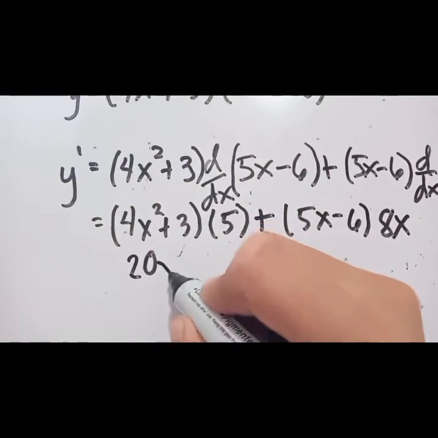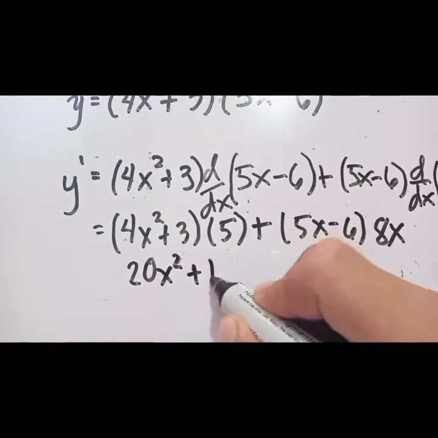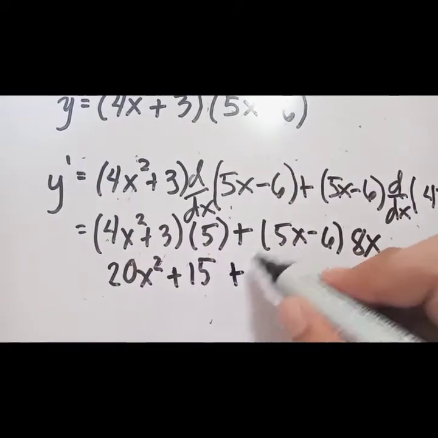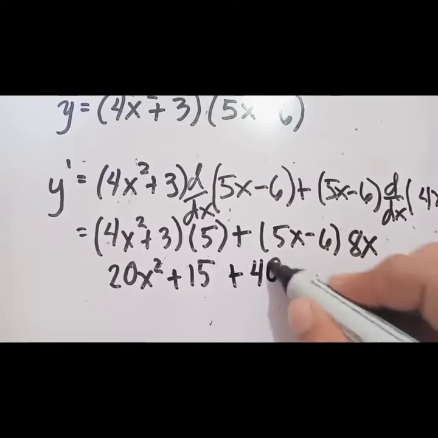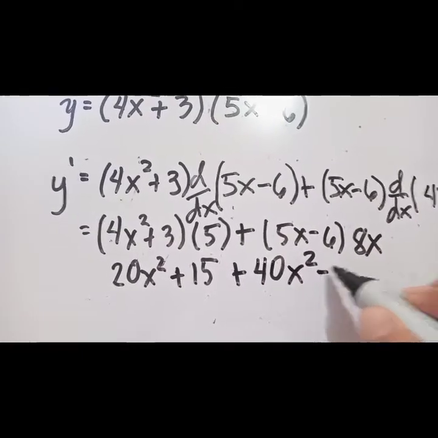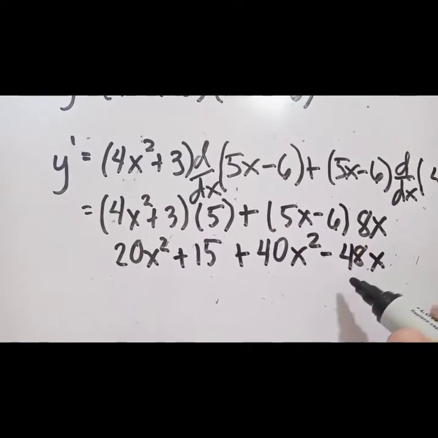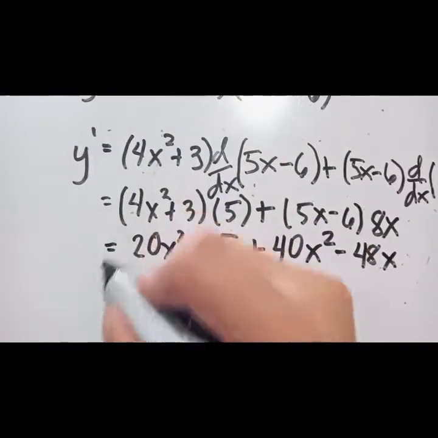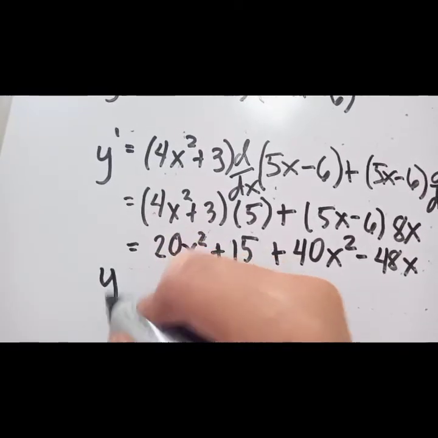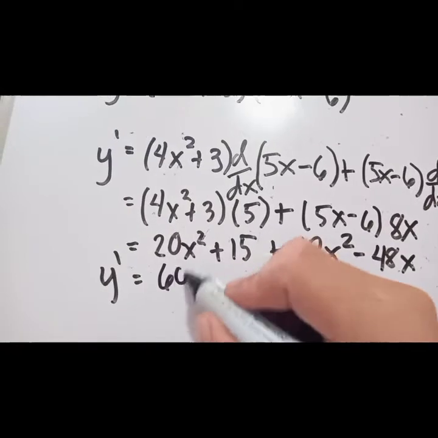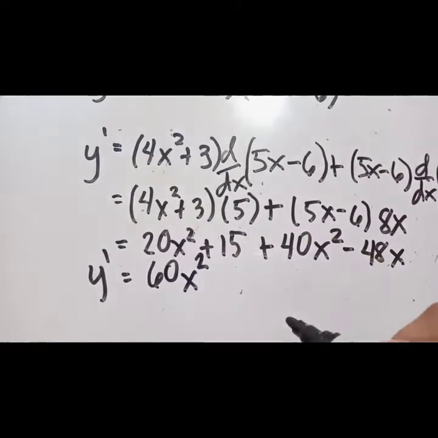We have 20x squared plus 15 plus 8x times 5, we have 40x squared minus 48x. Then combine the similar term, we have the derivatives is 20 plus 40, we have 60x squared.